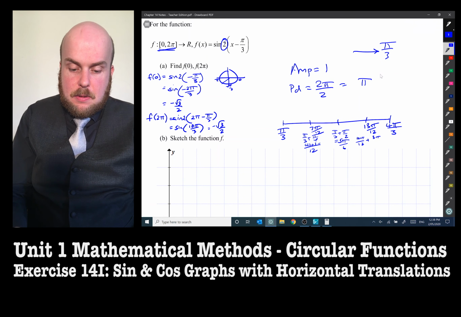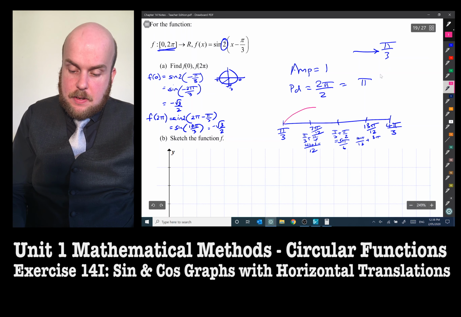So just so you're aware of what the shape would look like so far, it will look like this.